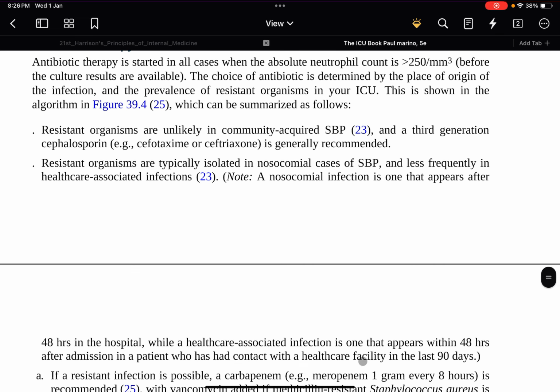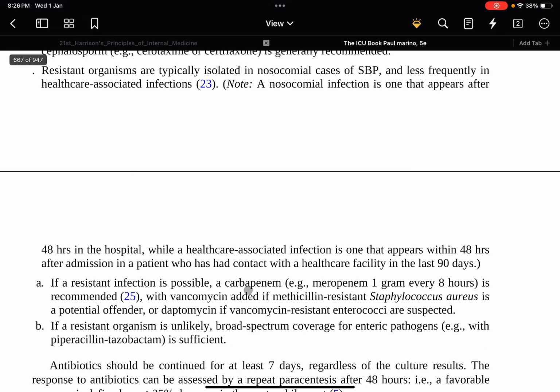So healthcare associated infection means the patient had contact with a healthcare facility within 90 days and the infection appeared within 48 hours of admission. But a nosocomial infection is one that appears after 48 hours of hospital admission.